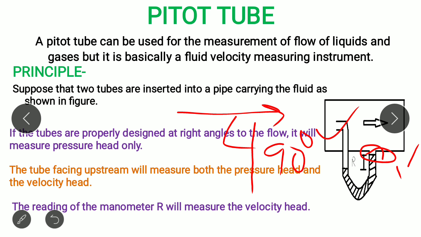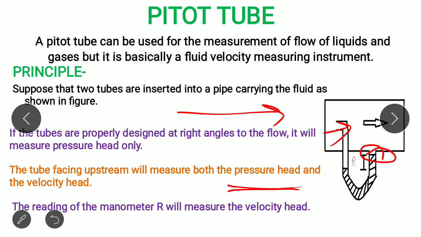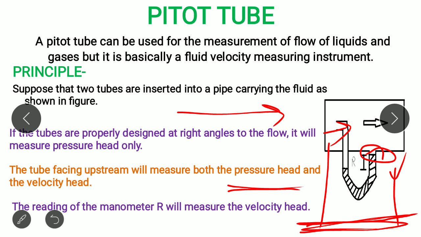The tube facing upstream will measure both pressure head and velocity head. How? Because this is parallel to the flow, and here it is measuring both pressure head and velocity head. Pressure is there, which was there here also, but if we are talking about potential energy, then with respect to ground or datum, they approximately have the same position, so potential head would be neglected.